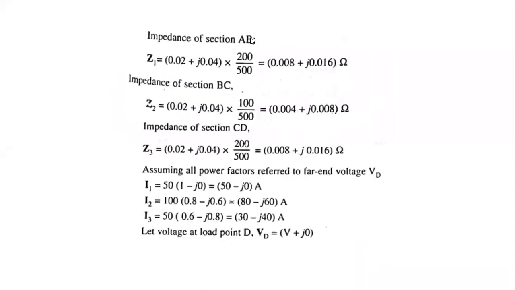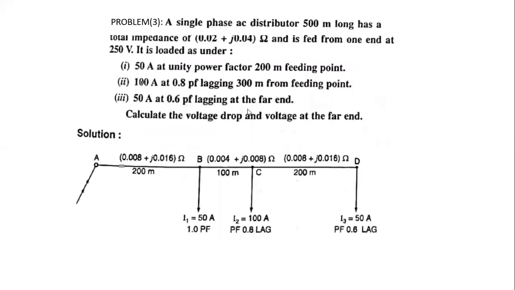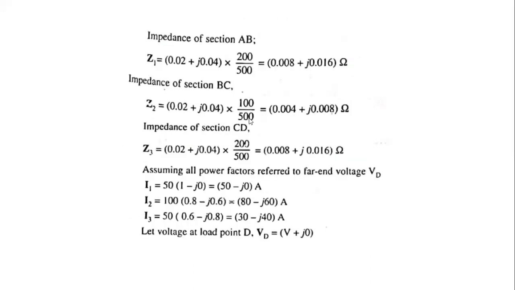Next, we calculate the impedance of section AB. ZAB is equal to RAB plus jXAB into the distance, 200 by 500. Similarly, we calculate the impedance in section BC: ZBC is equal to 0.02 plus j0.04 into the distance between B and C, 100 by 500.